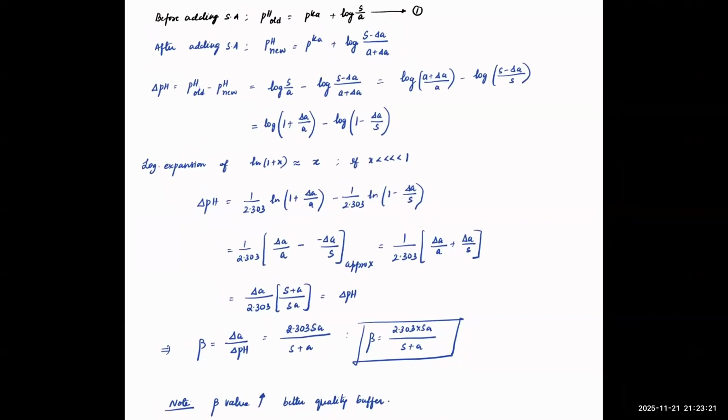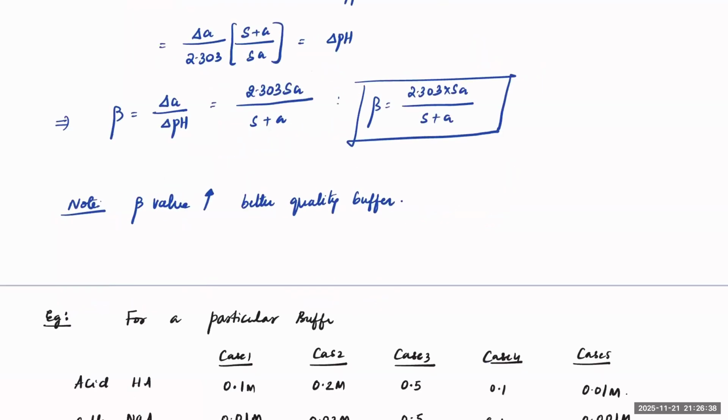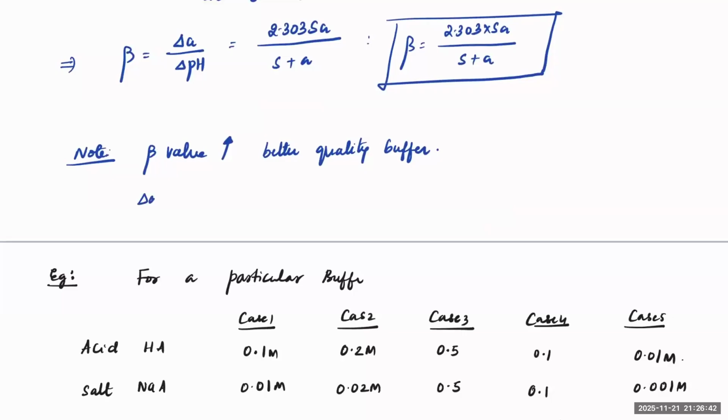Please finish the writing part, everybody. See here, in this formula, whatever delta A you're using should be for 1 liter of solution. Remember, delta A here is per liter of buffer solution.